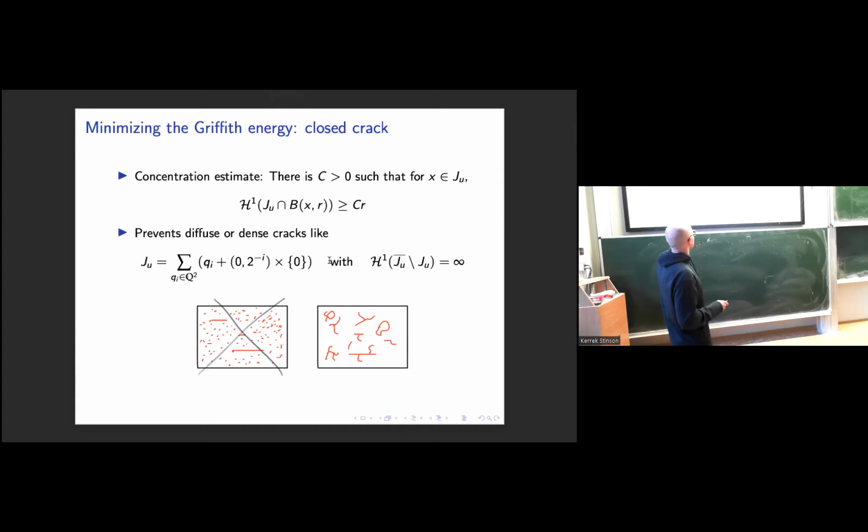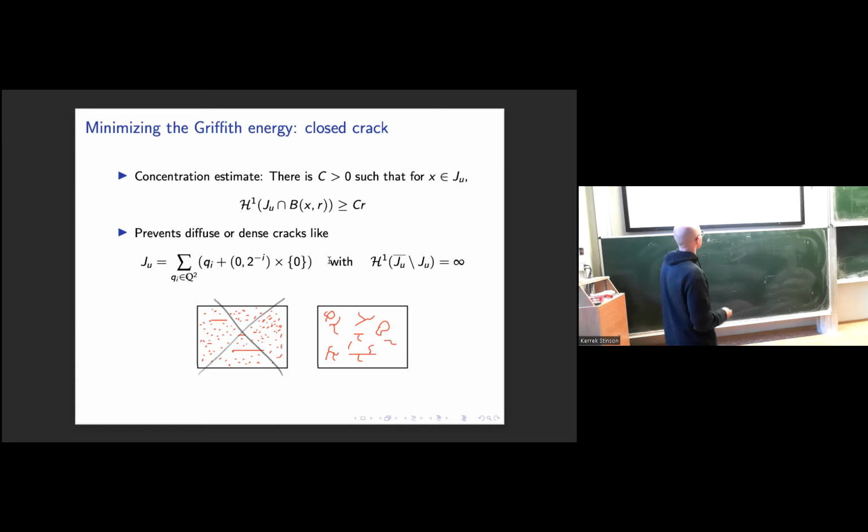So an example of something that can't happen now because you have a strong solution is you could expect maybe your jump set would look like you take any one of the rational points and you attach a little line to it. And then you just attach a smaller and smaller line so that the H1 measure is finite.